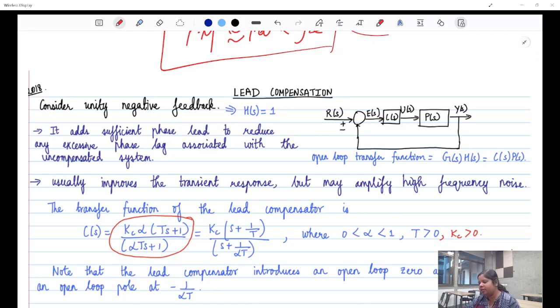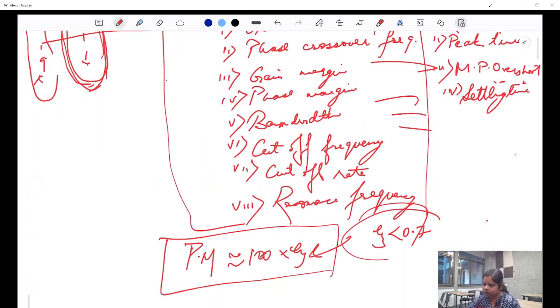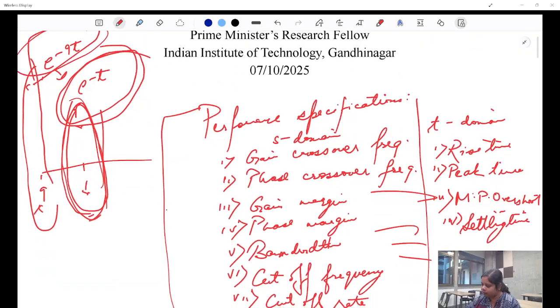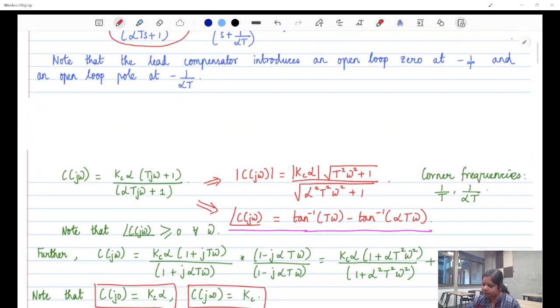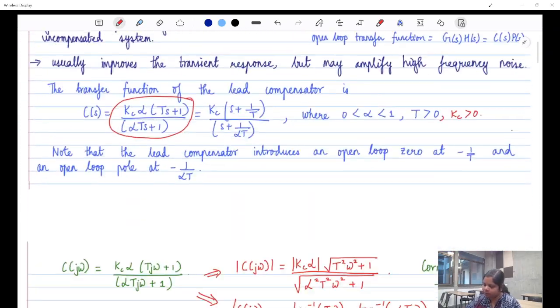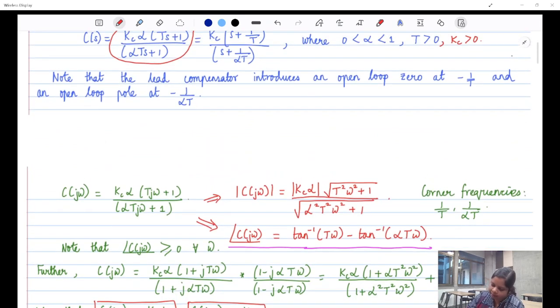Why do we need compensators in the first place? I think I should have added one more slide here, but I haven't. Okay, then we'll see here.